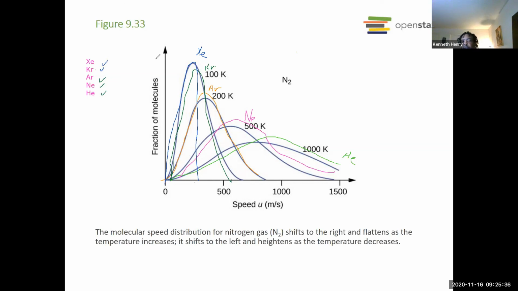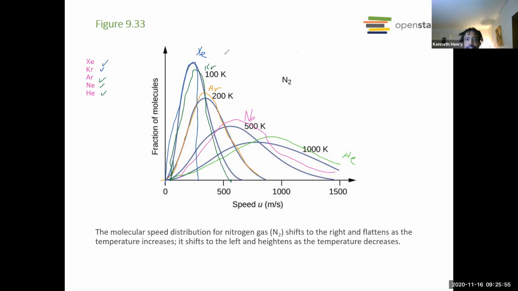Okay. Why is that the case? Why is it set up like this? What are the distinctions between all of these noble gases? The weights. Who's biggest?